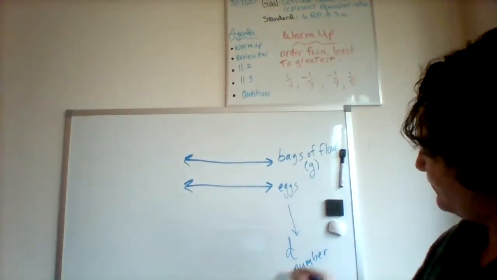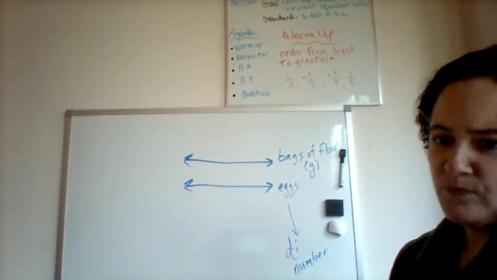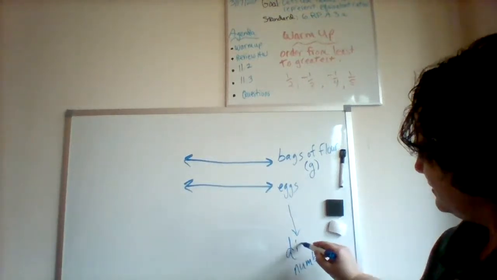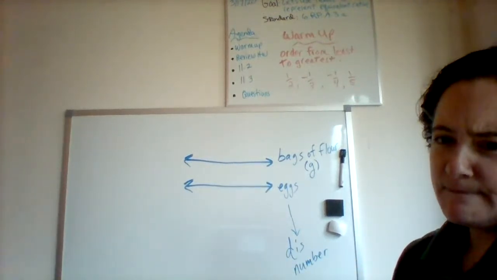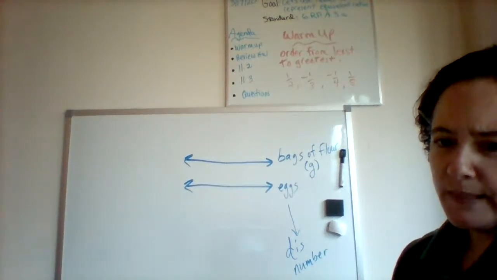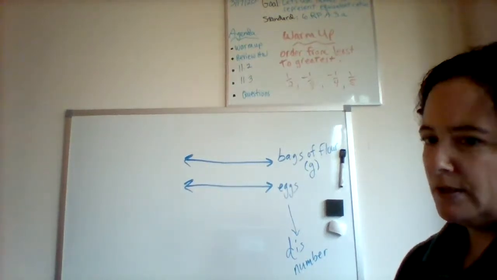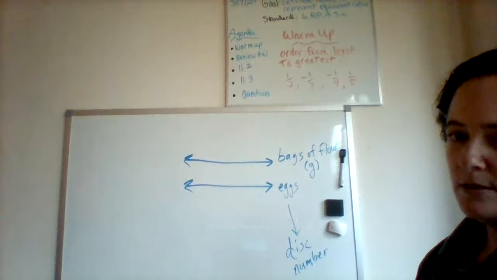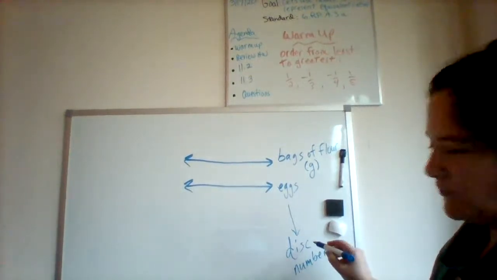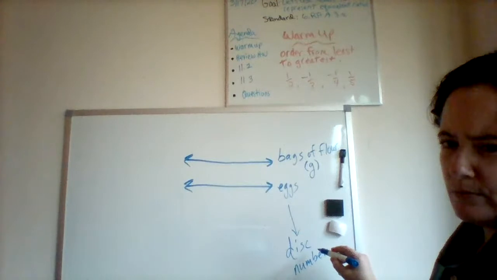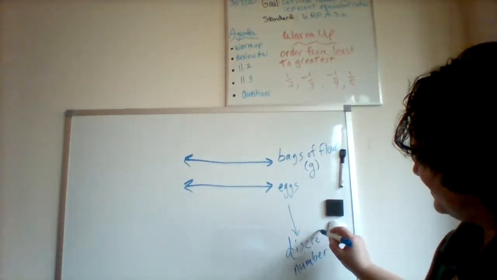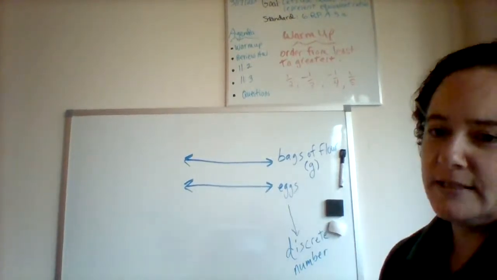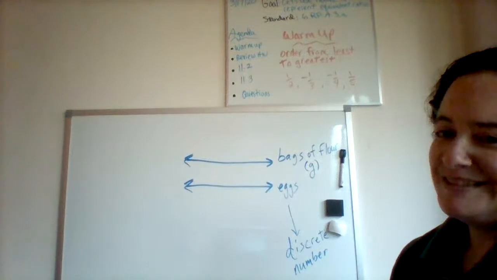You guys remember? No. Nice try though. Jesus, it begins with D-I-S. It's a discrete number. It's a discrete number if it's something you count. And we count the eggs. Discrete.